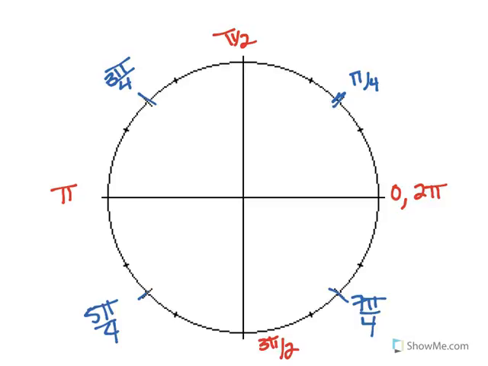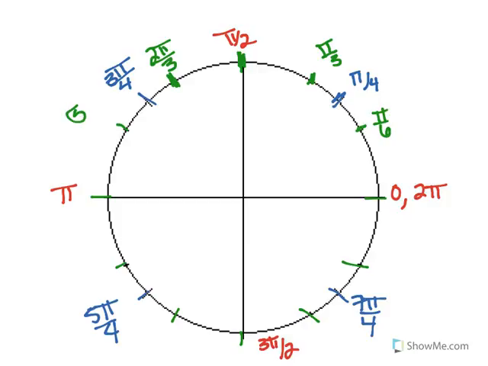Now paying attention to these other small notches, everything that I'm going to mark in green is done in increments of pi over 6. So this first one's pi over 6. The second one is 2 pi over 6, which is pi over 3. This one up here is 3 pi over 6, which simplifies to pi over 2. This is 4 pi over 6, which simplifies to 2 pi over 3.